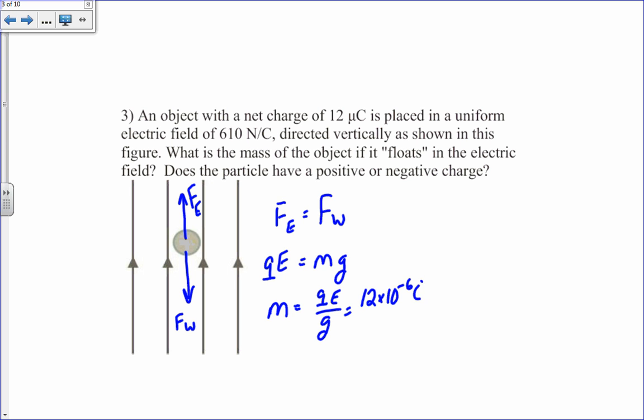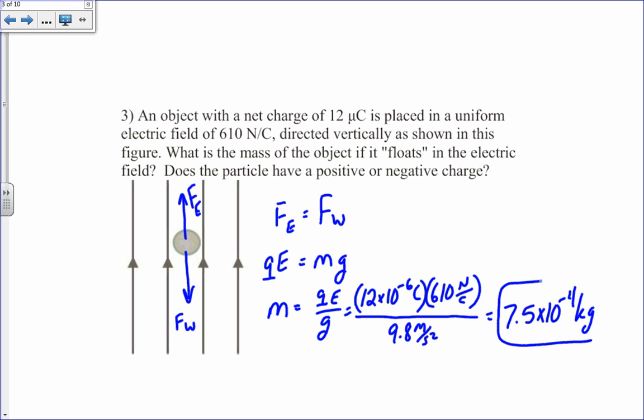The electric field is 610 newtons per coulomb. Notice that my units leave newtons in the numerator, divided by 9.8. And then that'll give me a mass. My mass is 7.5 times 10 to the minus 4 kilograms.